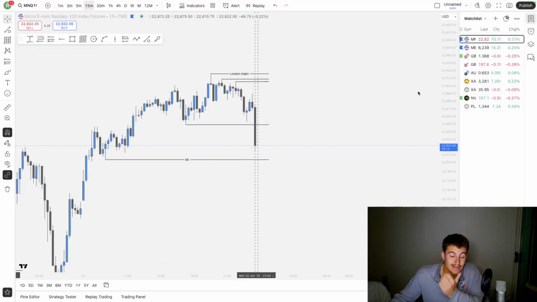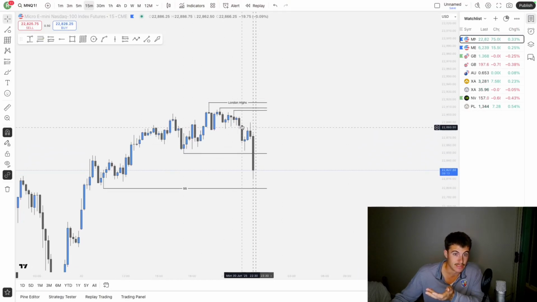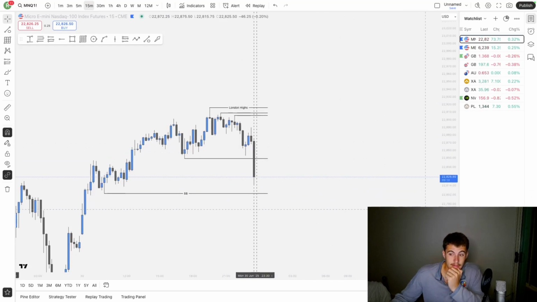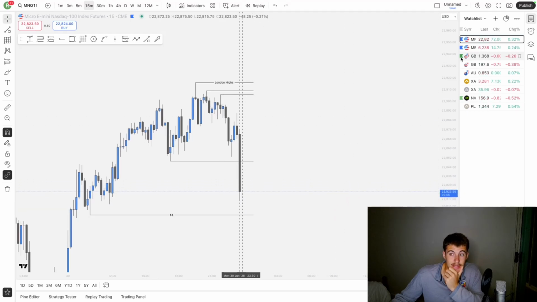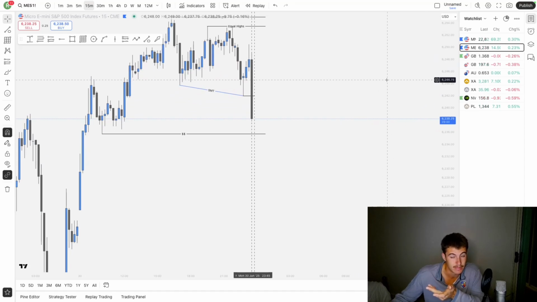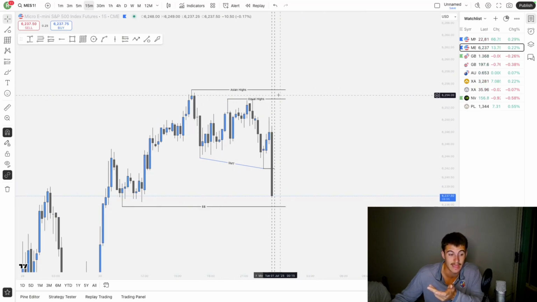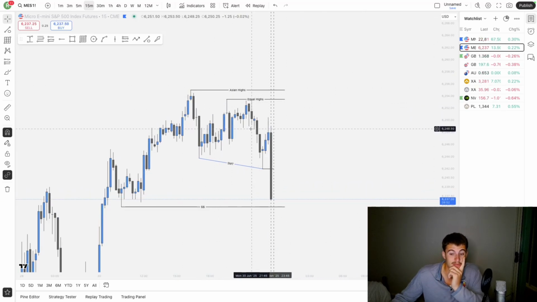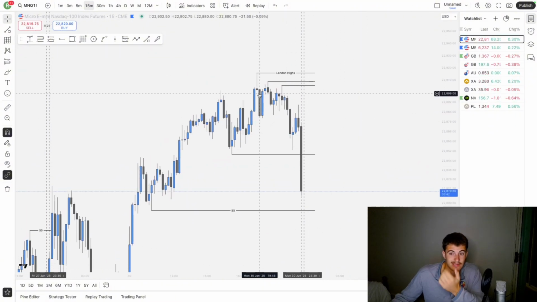All right, this is still nowhere near macro open, but one thing I'm looking at now is this run on liquidity that we have created. We've just completely dumped on both pairs, and honestly, I am bullish today because of how good these draws on liquidity are. We have equal highs right here with Asian highs. These are also London highs, and they're equal highs. This is a seriously strong draw on liquidity for me. Over here as well, that's London highs there too.